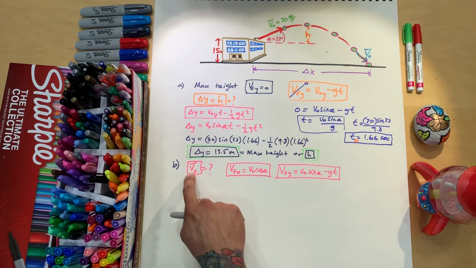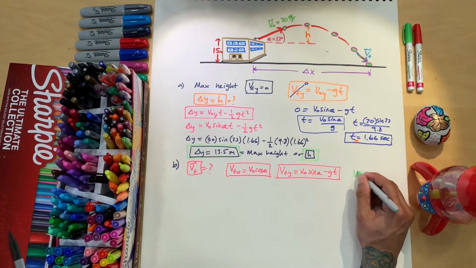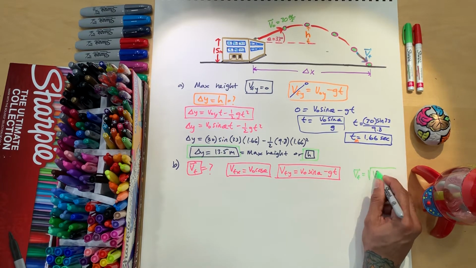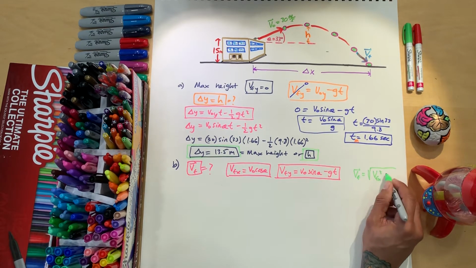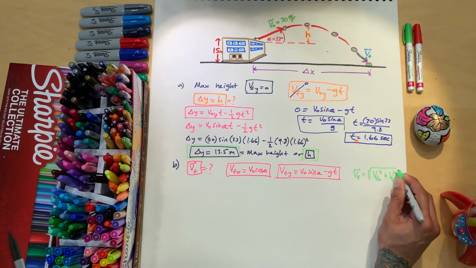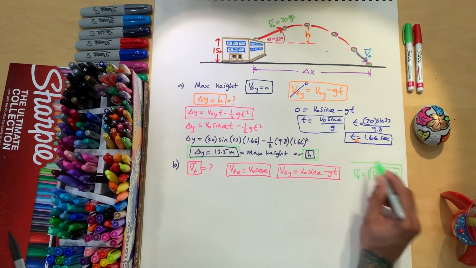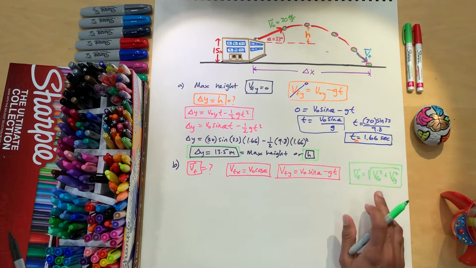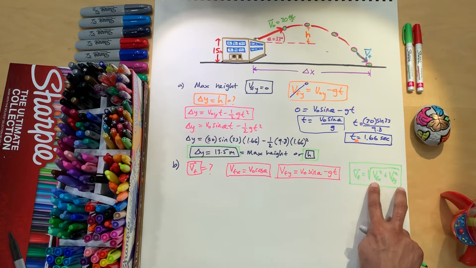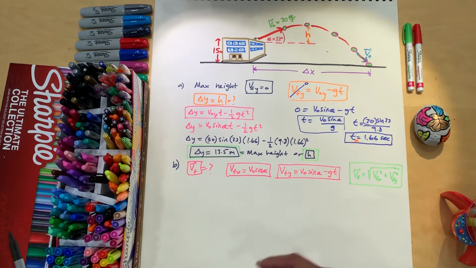I'm going to need the square root of velocity final x squared plus velocity final y squared. This is the equation I need to find velocity final, or the speed just before it hits the ground. This is what they're asking for, and it has these two things in it. That's why I wrote them here and here. So I'm just working backwards.